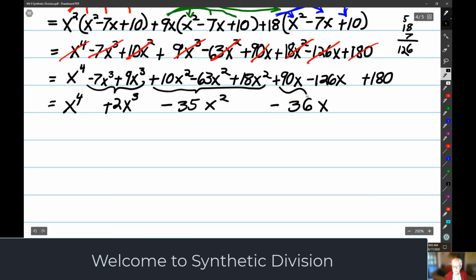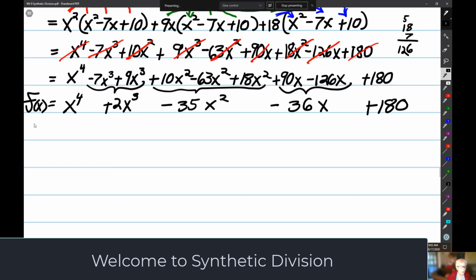Yes. Plus 180. There's your answer. That's the answer we get when we assume that A is 1. A is the leading coefficient, 1. Okay? It's a lot of work.